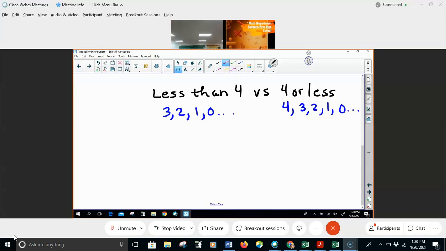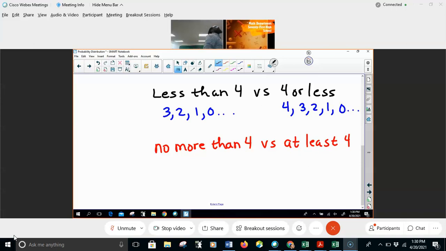Now, another one that could happen is, let's say, no more than versus at least 4. So looking at that, we have no more than 4 versus at least 4.